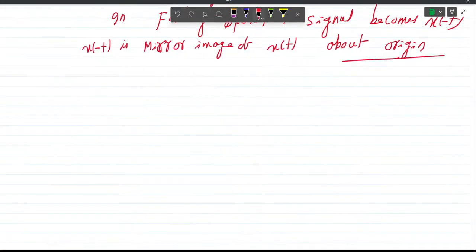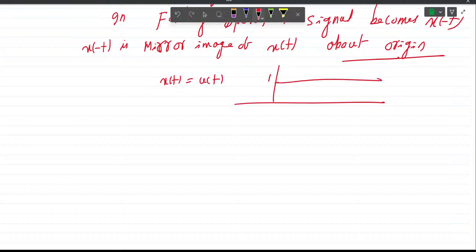So example, let's say you have x of t equal to u of t. Find the x of minus t. So mirror image about the origin.